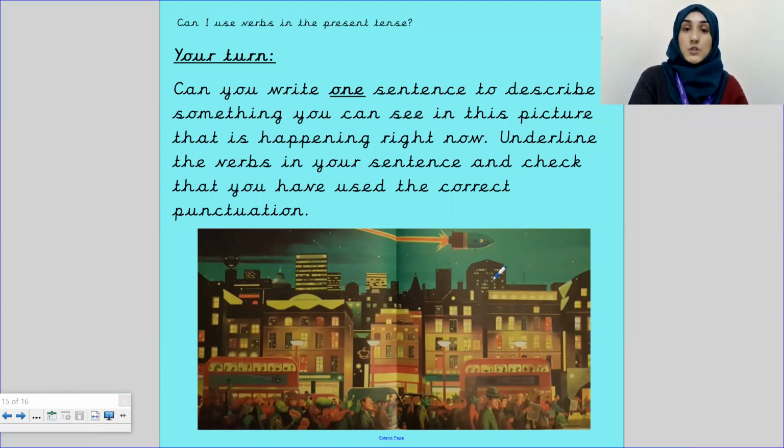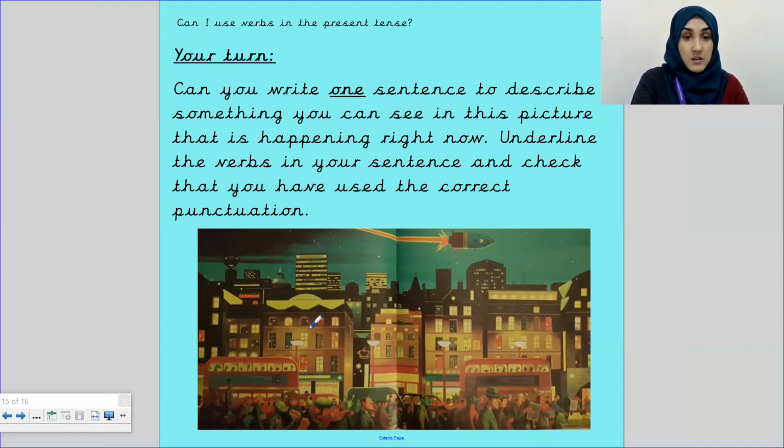Okay, so your task is you are going to be writing one sentence to describe something that you can see that is happening in this picture right now. You will need to underline the verbs in your sentence and check that you have used the correct punctuation. So for example, I can see the sky is dark.